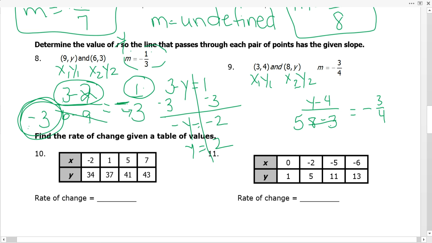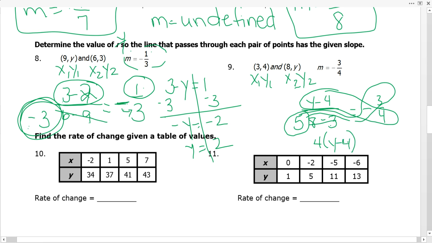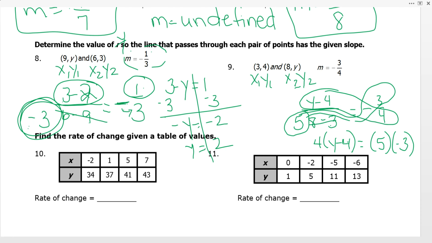Because it's a proportion, if I multiply my y minus 4 times 4 and my 5 times negative 3, those should be equal to each other. So 4 times y minus 4 should be equal to 5 times negative 3. And I just chose to put my negative sign with my 3 because I just picked one. It could be with my 4, but I thought it might be easier to put it over here.